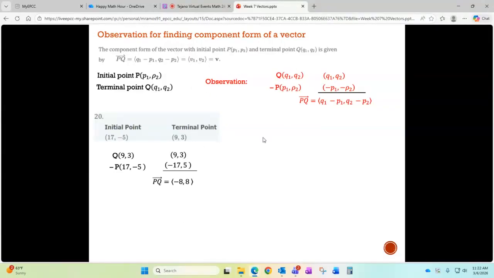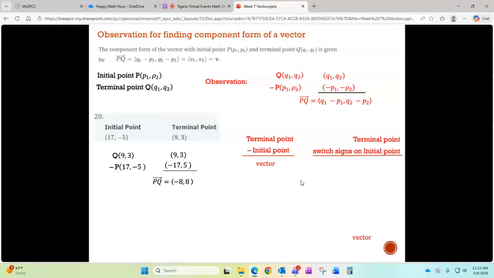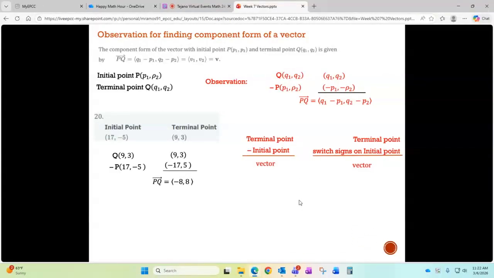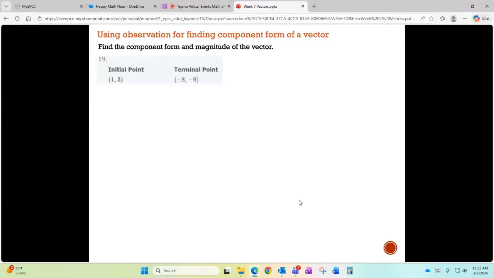So this is a cool observation, the way it works out. It's a cool way to set it up to find the component form of a vector. Take your Q, change the signs of the P or the initial point, and then do the operation and add them up right there. Okay. So again, terminal point minus initial point, or terminal point, change the signs of the initial point, add them up to get the vector.